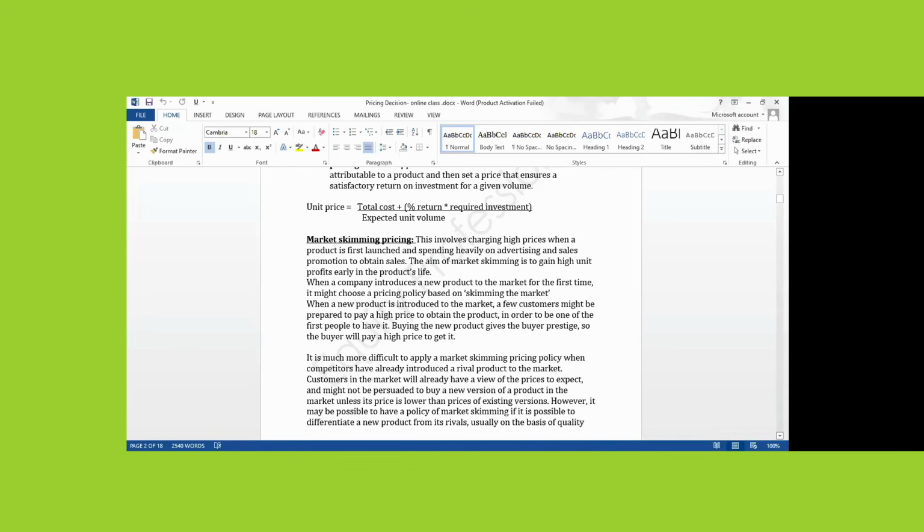But please note, market skimming cannot be used when competitors have rival products in the market. It might be difficult to use market skimming when competitors have already introduced a rival product to the market.